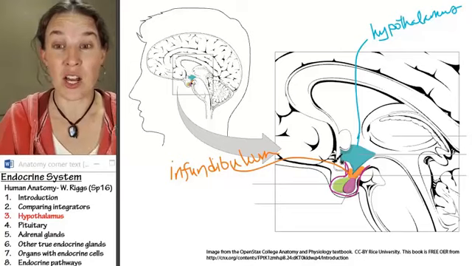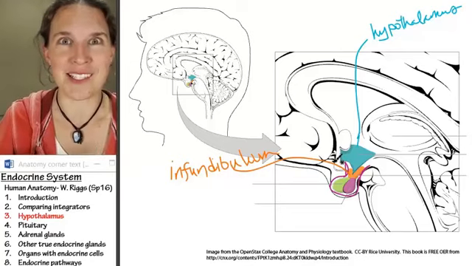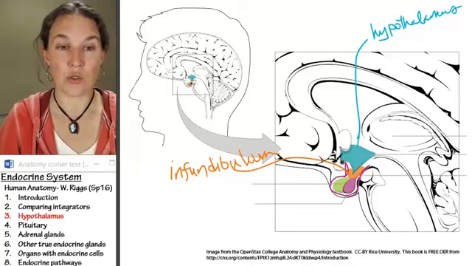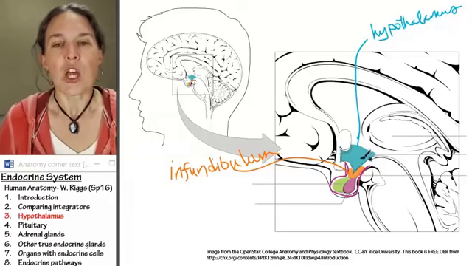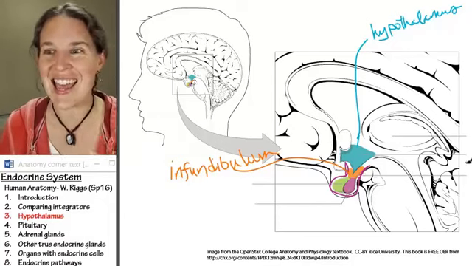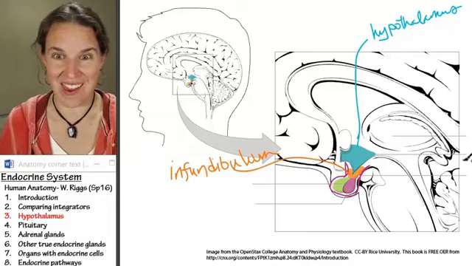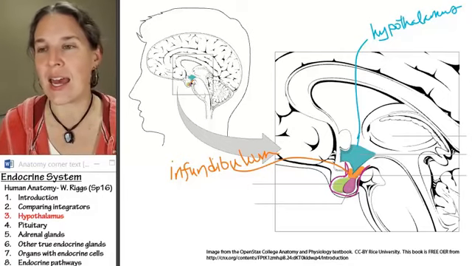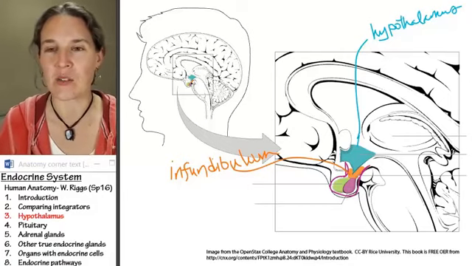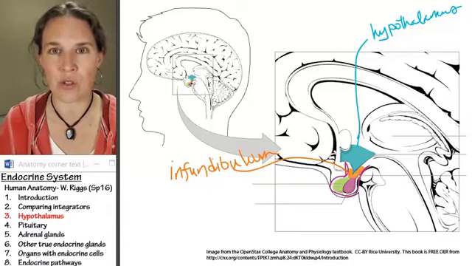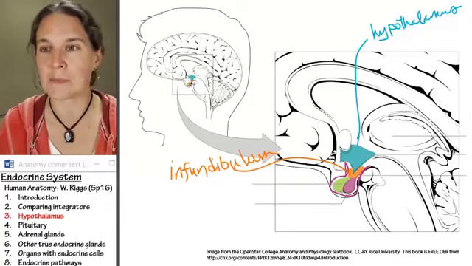By calling the shots, ultimately the hypothalamus is in charge of the endocrine system, which is really interesting. There's a couple of things you need to know about the hypothalamus.